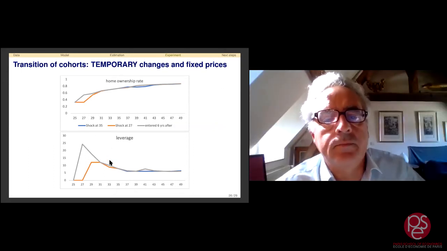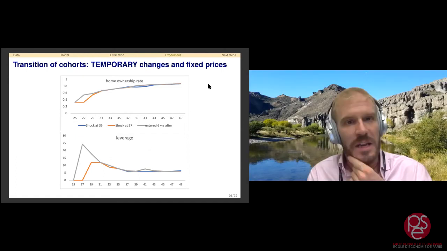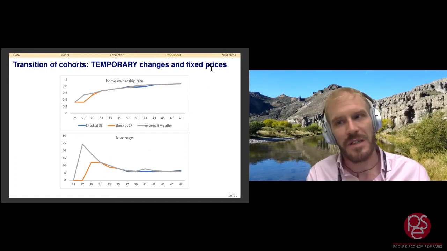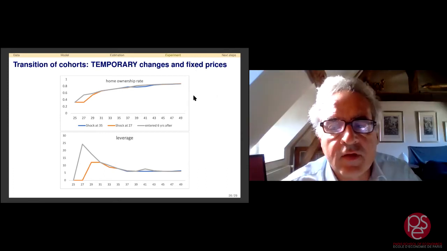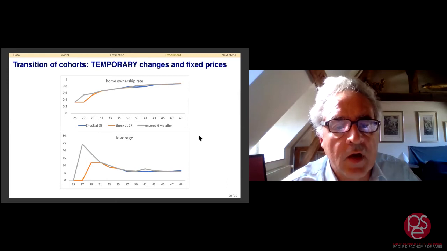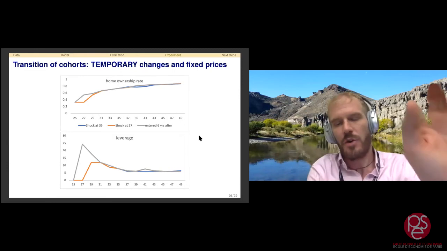Excuse me. What do you mean by fixed price? Well, here the prices are the house prices and rents. But then if they are fixed, what happens in the market?